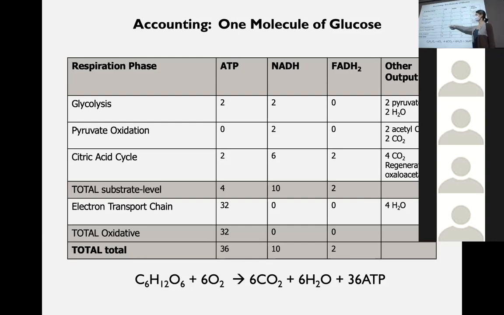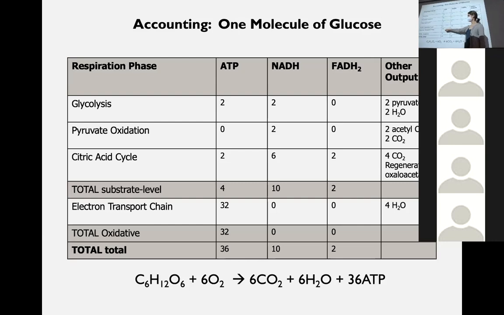So for the total substrate level phosphorylation, we made 4 in those first few steps. Remember, pyruvate oxidation is just an intermediate. I put it on its own line, but it's not technically one of the 3 main steps of respiration. It's to get from glycolysis to the citric acid cycle.